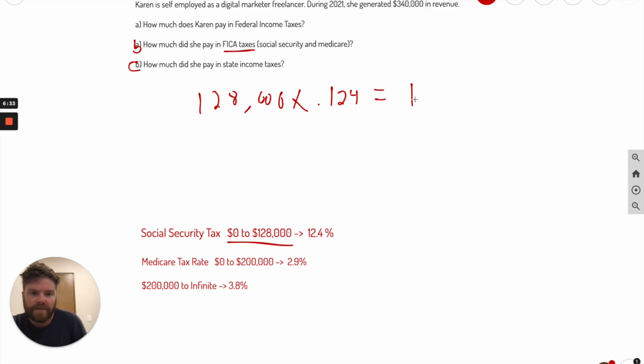We get 15,872. Now, Medicare. So that's going to be 0 to 200,000, 2.9%, and the overage is 3.8. So 200,000. Pretty simple. 200,000 times 2.9%, which is 0.029.